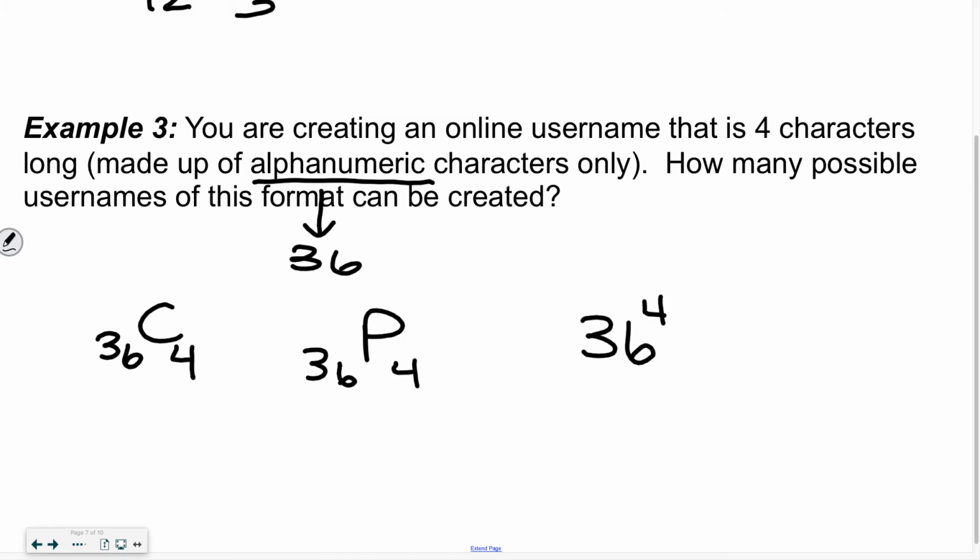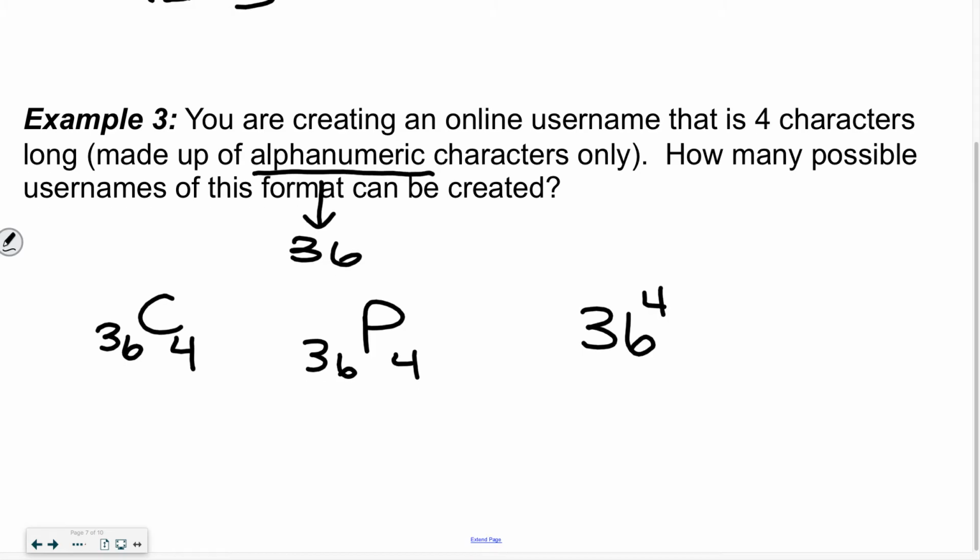I think I got all the ones I saw. 36 times 35 times 34 times 33, and did you want to keep going? What's that? We didn't use that method. Oh, okay. I couldn't tell if you wanted me to write 36 factorial, but 36 times 35 times 34 times 33 would be this, right? Okay, now which one of those is the actual right answer?